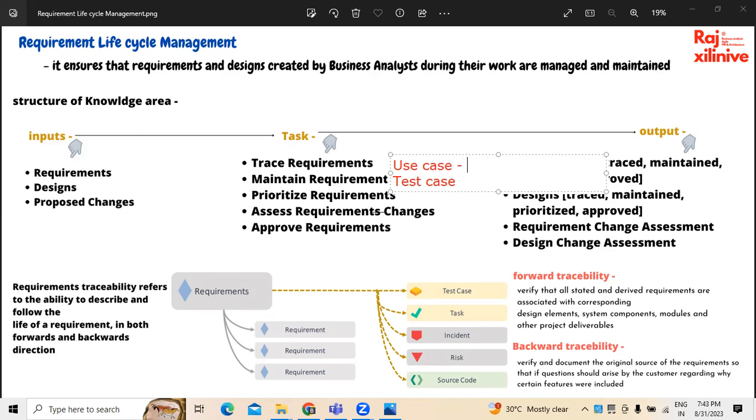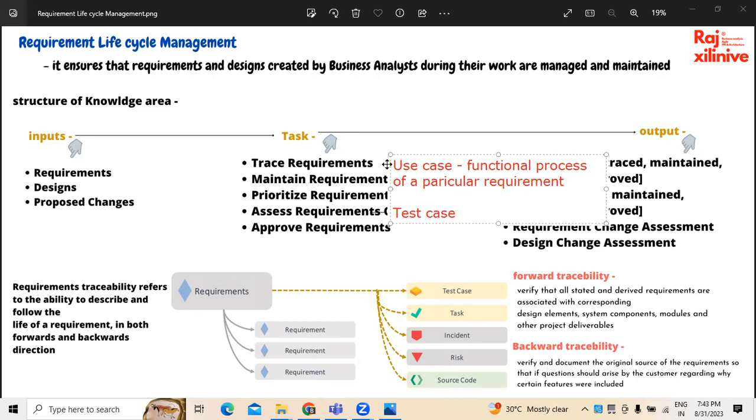A use case is a document, I can say, which explains the functional process of a particular requirement. This is where we generally talk about use cases. Functional process means what the functional requirement is, what the primary condition must be, what inputs are to be given, what external dependencies there will be, what output we get after that, and what the main success scenario will be.